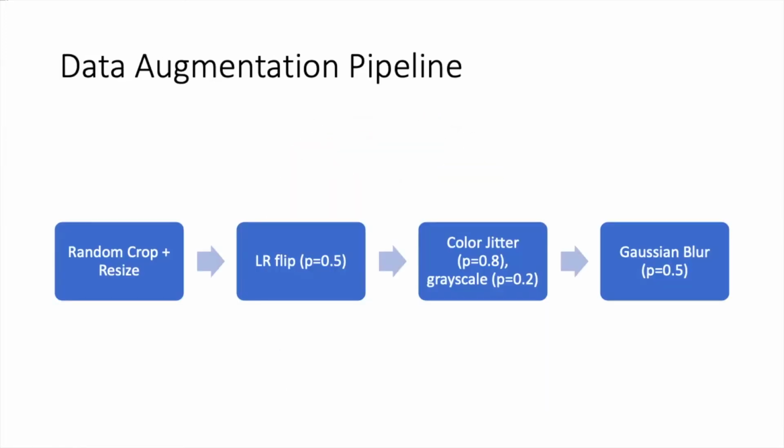In the data augmentation pipeline, for each image we randomly crop it and resize the crop to the original image size, we flip it with a probability of 50%, then we add color jitter. By color jitter I mean we play around with the values of brightness, hue, and saturation, and after that we apply a Gaussian blur to the image.